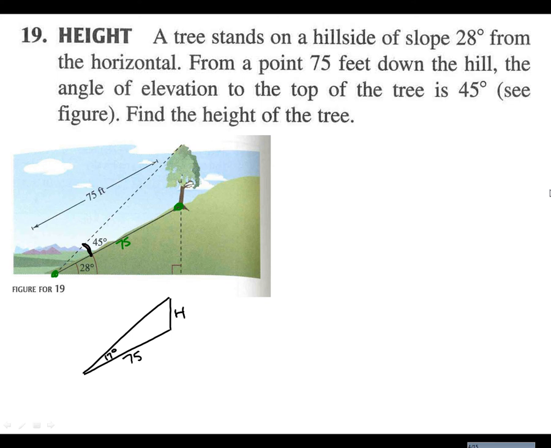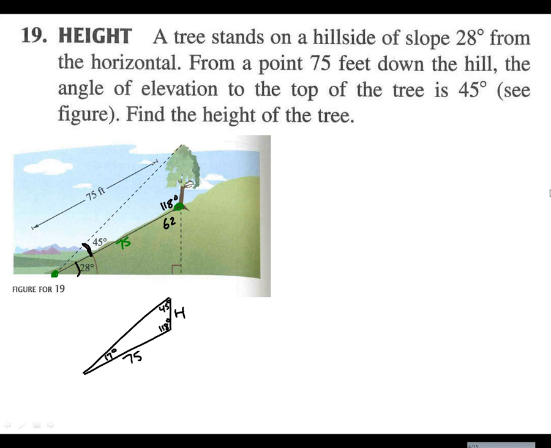If this is 28 in here, 90 minus 28 is 62, which makes this angle 118, which makes our last side 118 plus 17 is 135. Subtract that from 180, and we've got 45 degrees.